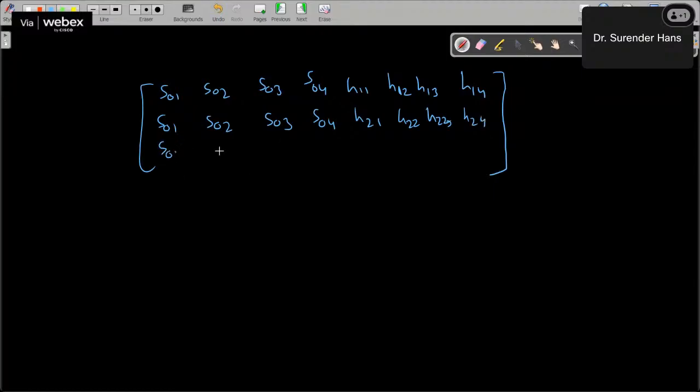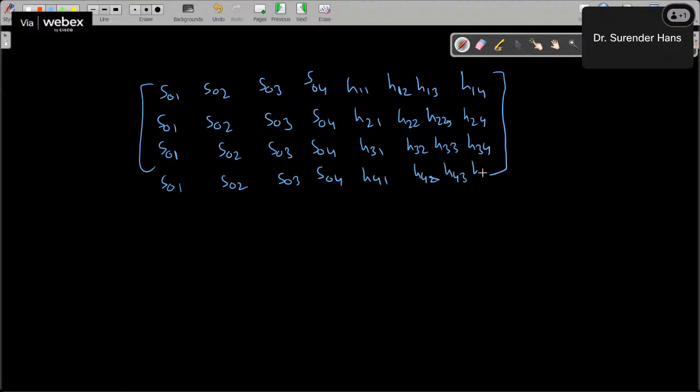And here that is S naught 1, S naught 2, S naught 3, and S naught 4, with H31, H32, H33, and H34. And one more, that is S naught 1, S naught 2, S naught 3, S naught 4, and H41, H42, H43, and H44.